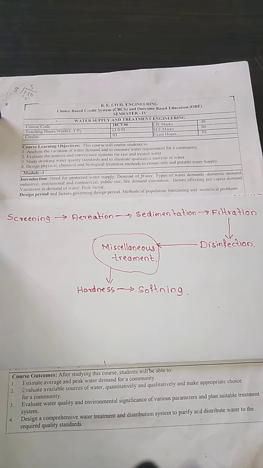In the sedimentation, whatever the larger floating elements are there in the water are going to be removed by the sedimentation process. What we are going to do in sedimentation is allow the water to stand in a tank for a certain amount of time.